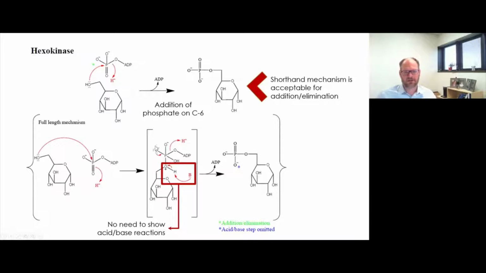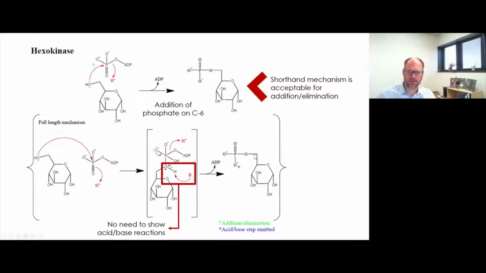This structure then progresses by electrons resonating down from the oxygen, resulting in the loss of an ADP here, and ultimately a base abstracting the proton to deprotonate this hydroxyl. These are the individual steps as drawn in a more familiar organic chemistry mechanism, but we can actually simplify these into a one-step drawing here for biochemistry.